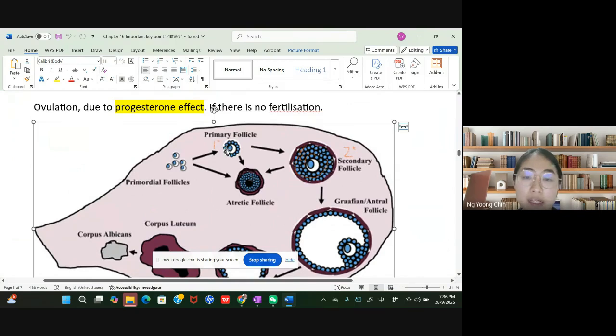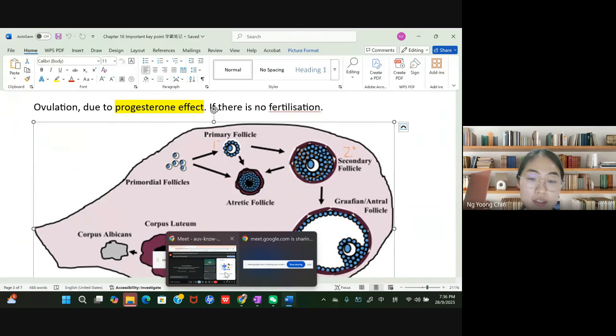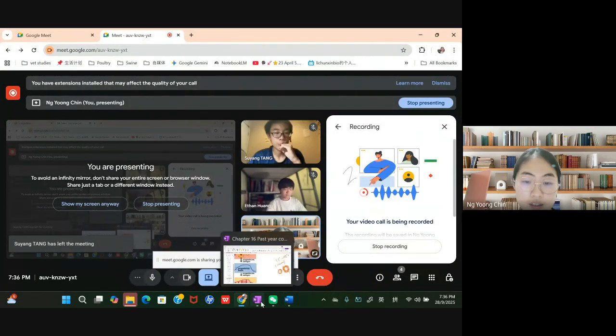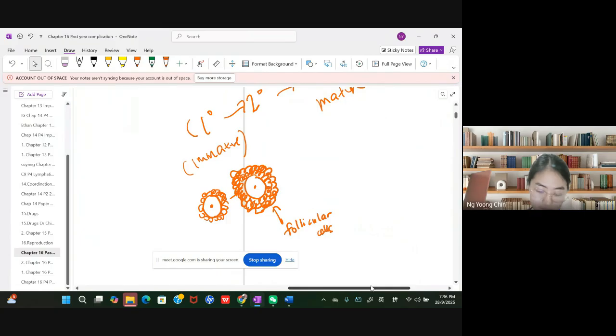When they are growing this outer layer of follicular cells, they will secrete estrogens. Just imagine that estrogen is being secreted out. Estrogen, I will use another color.